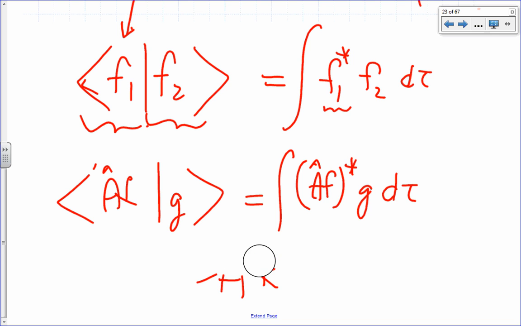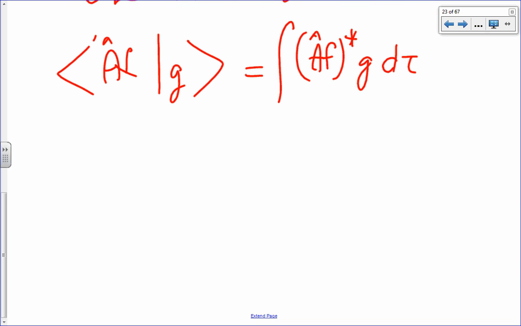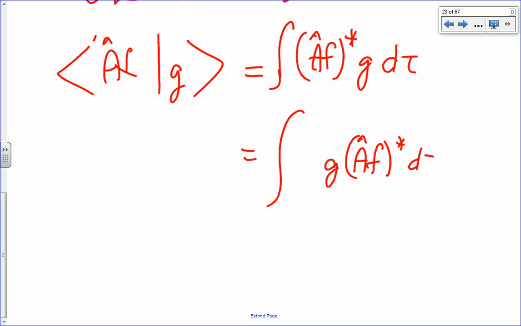But what is that? That is multiplication. What do you know about multiplication? Commutative, right? So I can write G A hat F star d tau. I'm just multiplying these two. But I can also say, what is G star star? That's just G, right?